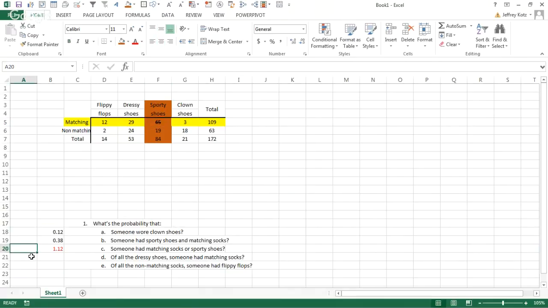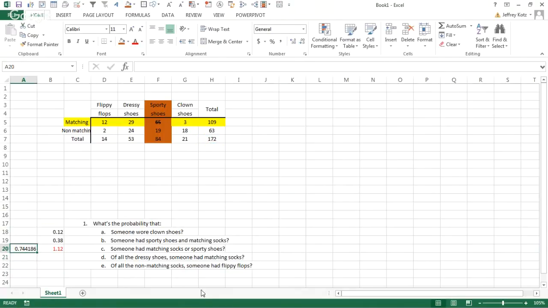Really, what we should be doing is something that is more like 12 people wearing matching socks with flippy flops, 29 people wearing matching socks with dress shoes, plus 65 wearing sporty shoes and matching socks, plus 3 people wearing clown shoes and matching socks, and then 19 people wearing sporty shoes who aren't matching their socks. And we're going to divide that sum by 172.